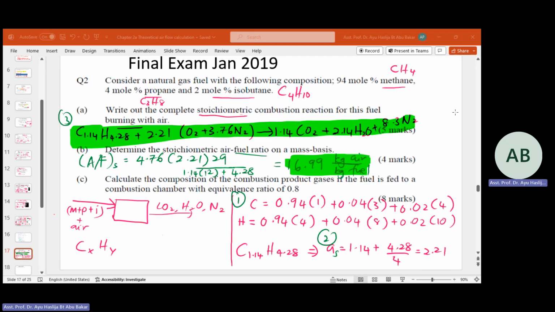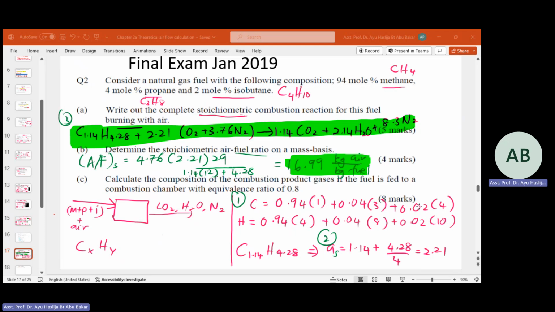And the air-fuel ratio is 4 marks. So 4 marks dekat equation dapat markah juga. So if you have no idea how to answer, just write the equation. Then all the inputs, substitute all the values, dapat 1 markah.